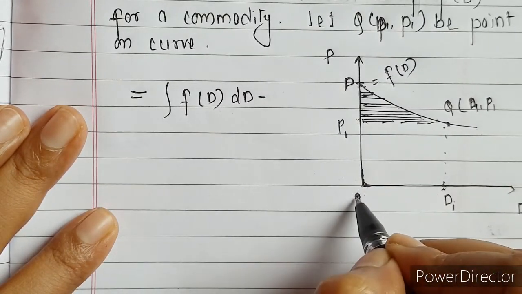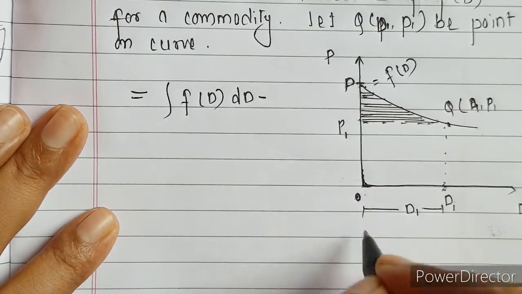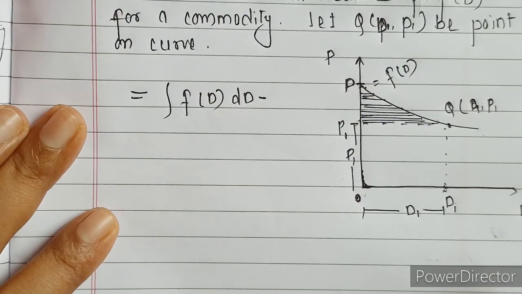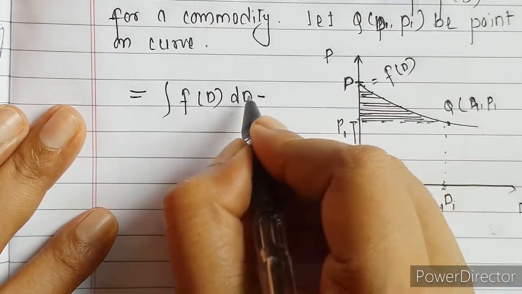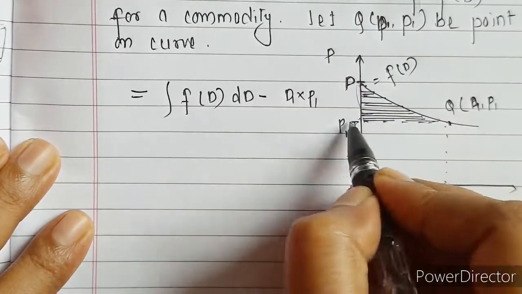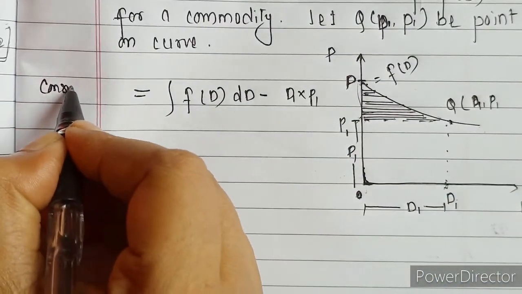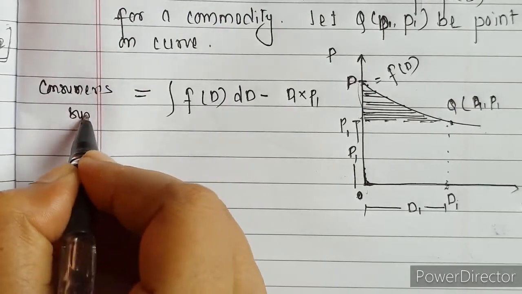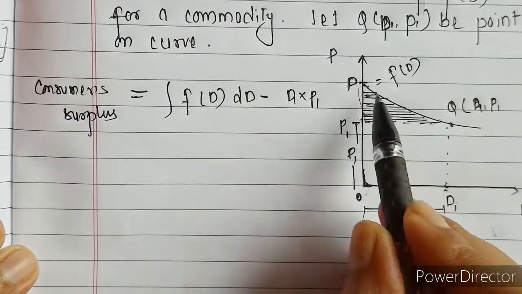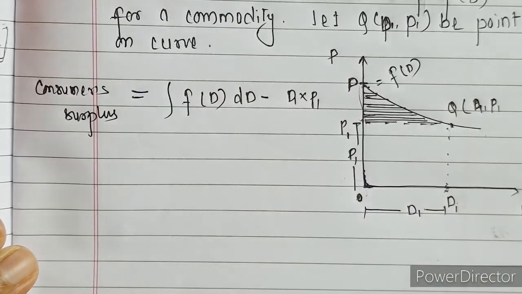Length is D1, from 0 to D1, and breadth is P1. So the area of the rectangle is D1 into P1. So minus D1 into P1 gives us this shaded area, which is the consumer's surplus. We find the area under the curve and subtract the area of the rectangle.